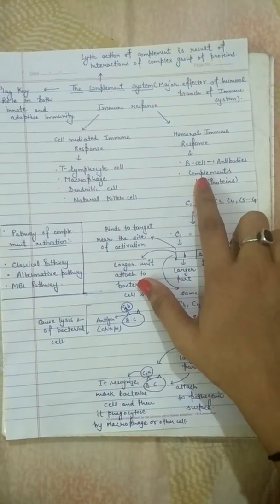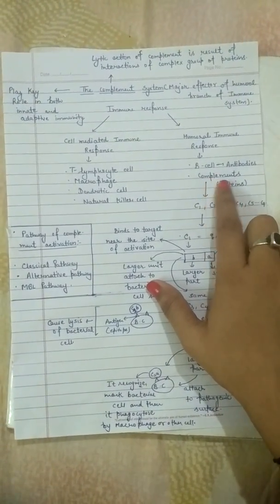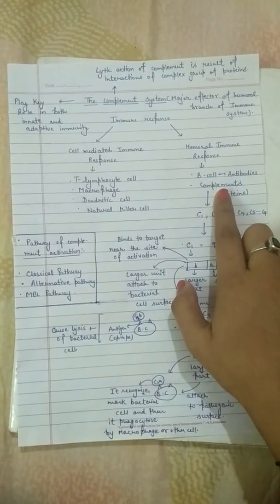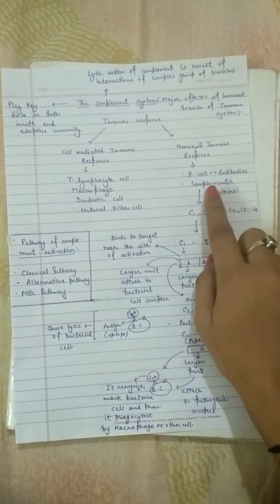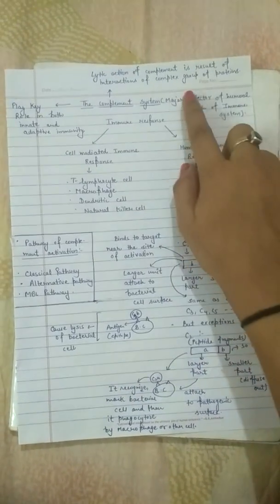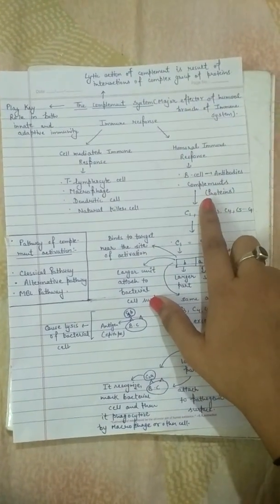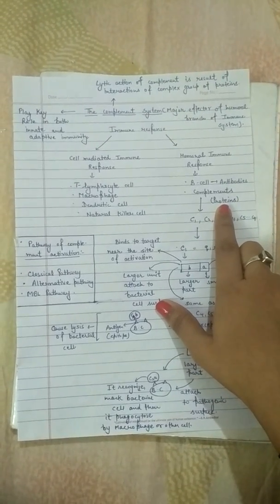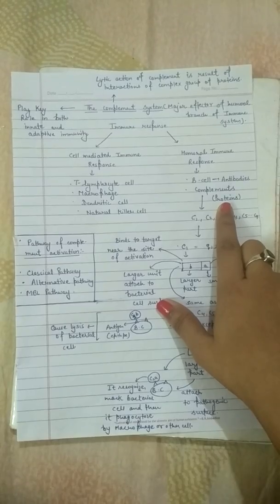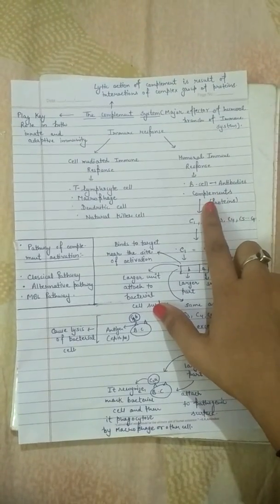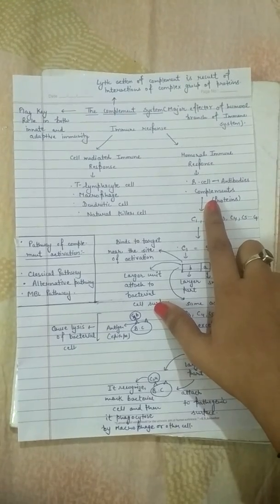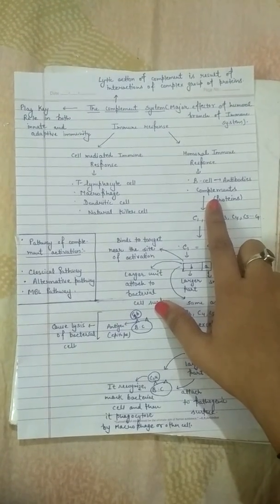So in this video I will talk about the complement system. The complement system is a very important part of the immune response. Complements are basically a complex group of proteins. These are polypeptides which help in activating an immune response against any pathogen. These are the proteins which help in the lysis of any pathogenic cell.